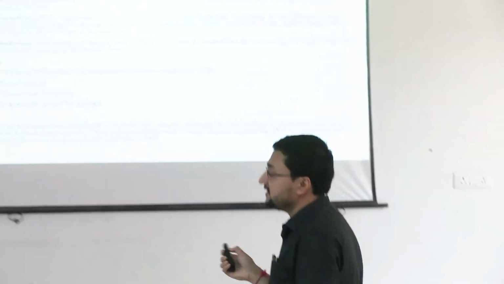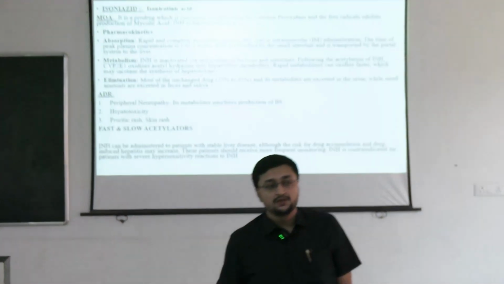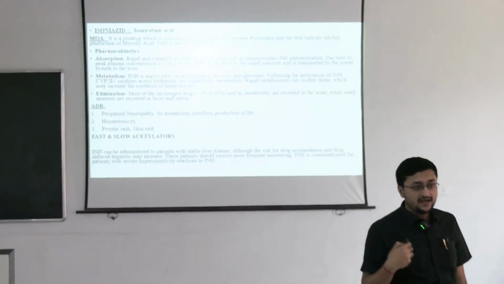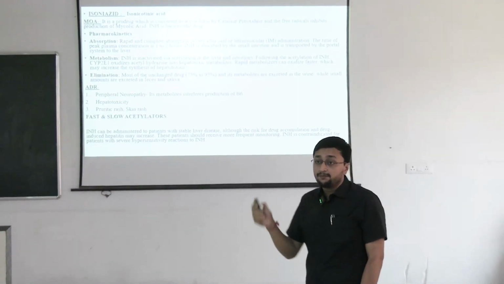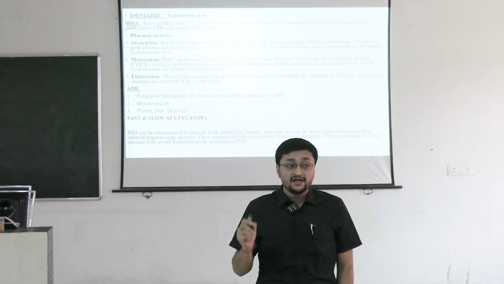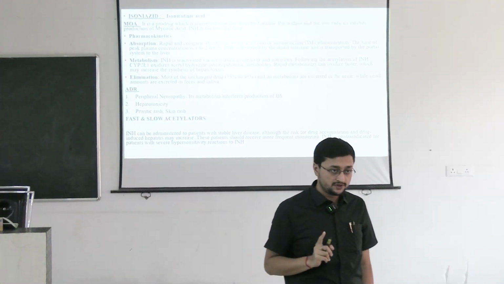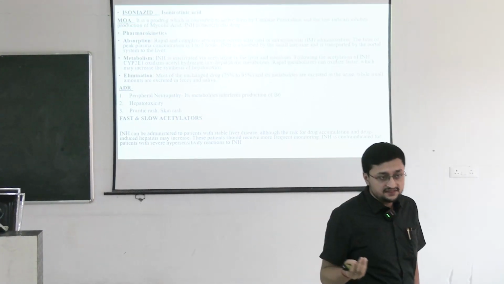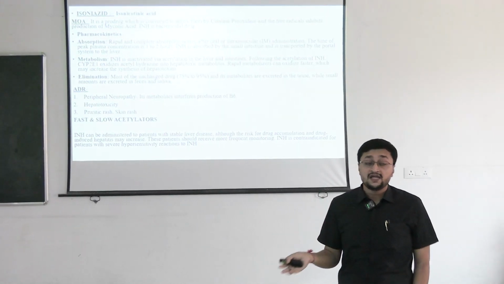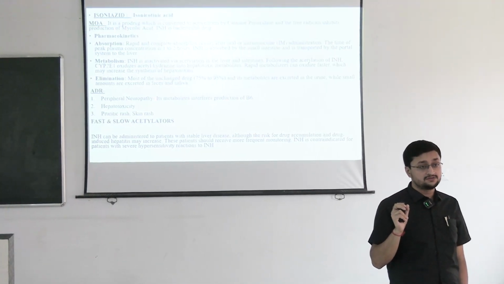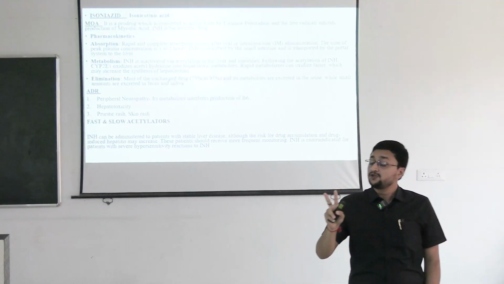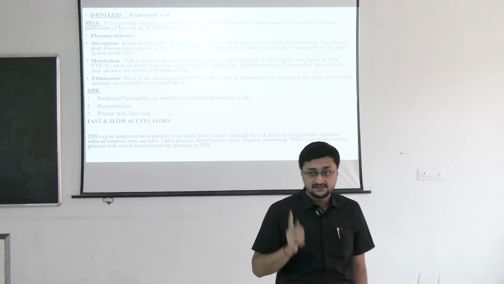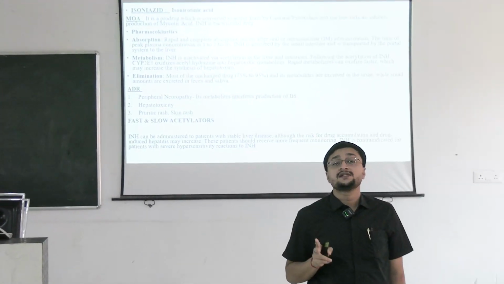It is mostly absorbed rapidly from the GI tract and metabolized primarily in the liver by acetylation. This is very important. After acetylation, INH converts into hepatotoxic molecules, right? So there are two types of acetylators, fast acetylator and slow acetylator.